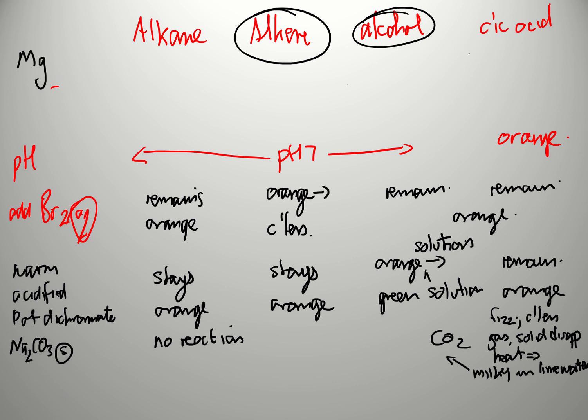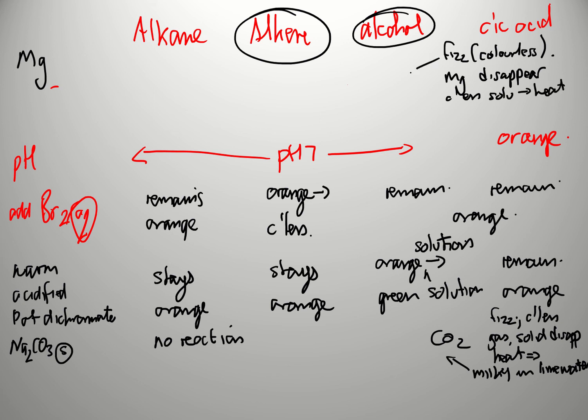What would we see with our carboxylic acid here? We would still see fizzing of a colourless gas. We would see the magnesium disappear. We would see a colourless solution, and it would give out some heat.